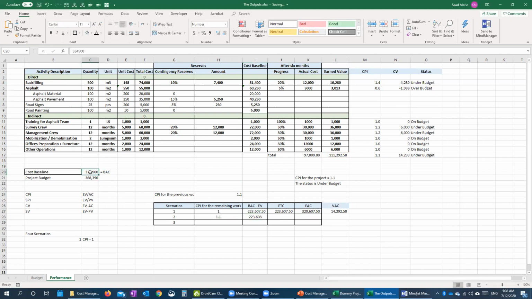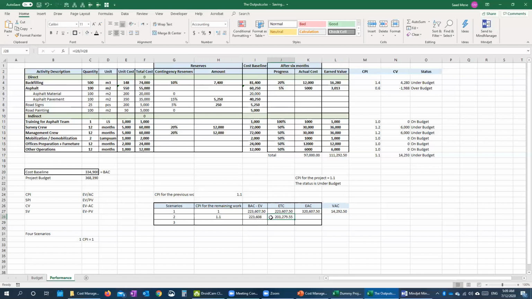Same base, which is the budget of the remaining work, the budget at completion minus the earned value. And then the ETC will be the same formula, 223 divided by 1.1.